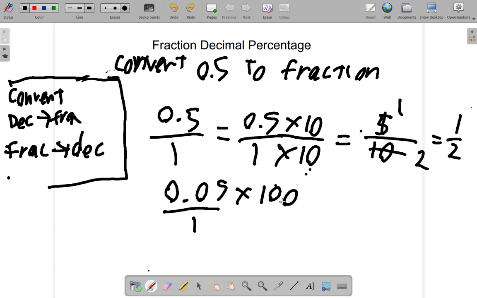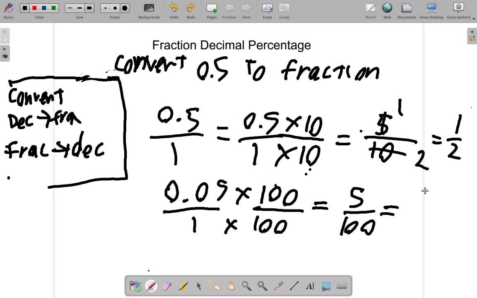You multiply 0.05 by 100. What you get is 5. Alright? And then you must multiply the 1 by 100 and you get 100. Then your fraction is 5 over 100. What is 100? It's 5 by 20.